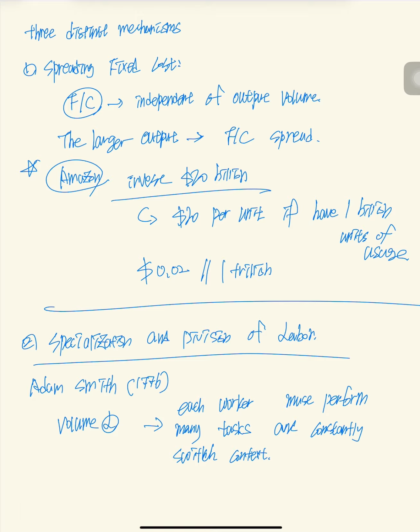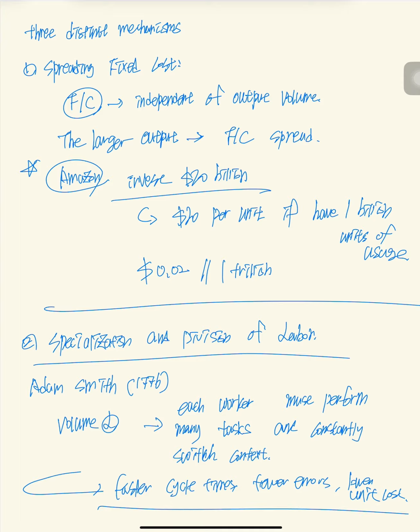At scale, each task can be assigned to a dedicated specialist who performs only that action all day. The result is dramatically faster cycle time, fewer errors, and lower unit cost. Fascinating, right?